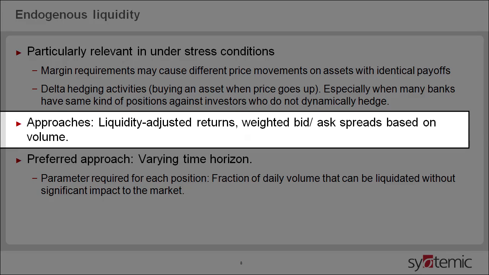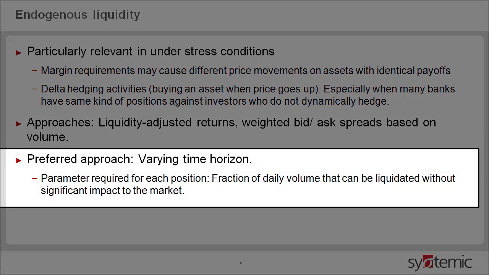There are different approaches in the market to address this kind of situation, like the use, for example, of liquidity-adjusted returns, or the weighting of bid-offer spreads depending on the trading volume. But our preferred approach, the approach which we have implemented in risk value, is to vary the time horizon for VAR depending on the instrument.